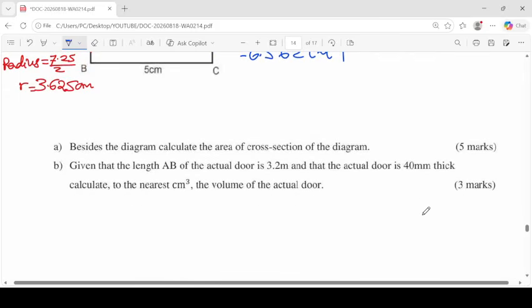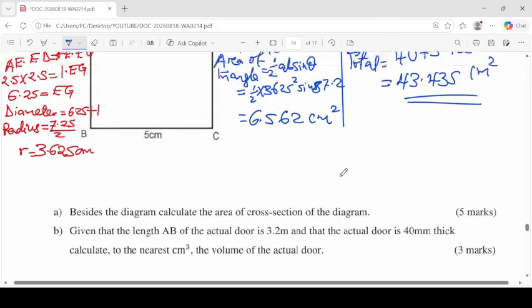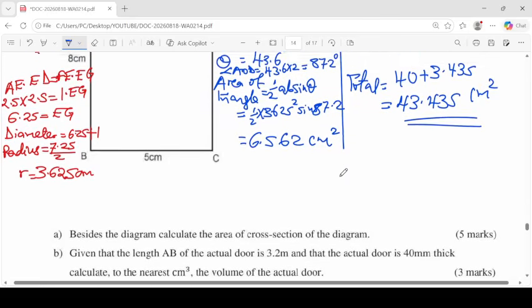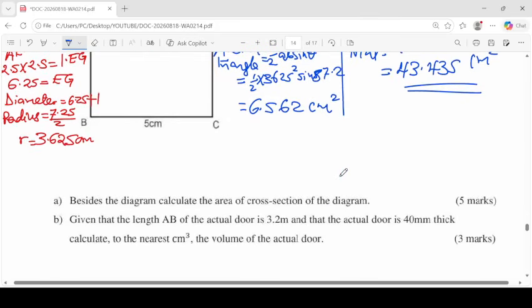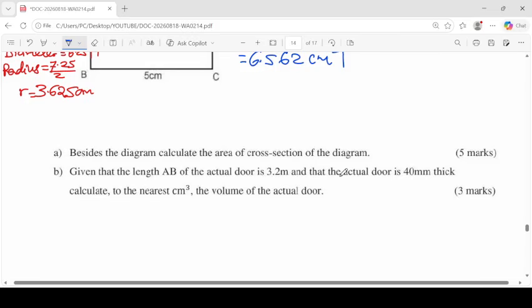Part B, given that the length AB, which is 8 centimeters, is the actual door, and the actual door is 40 millimeters thick, calculate to the nearest cubic centimeters the volume of the door.